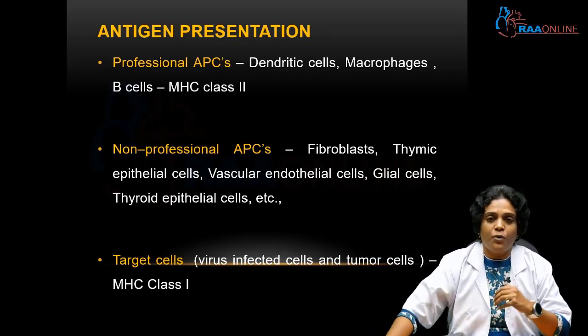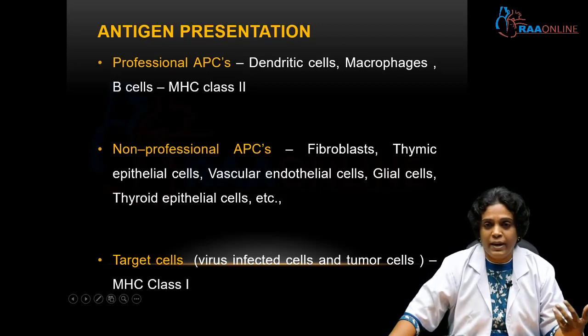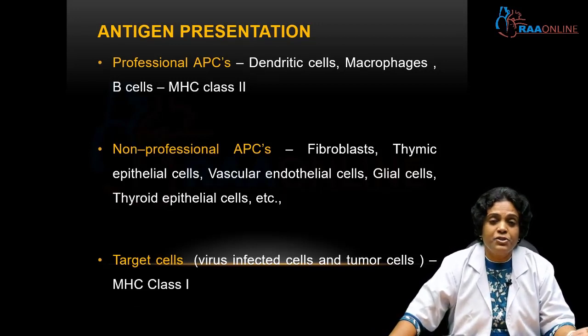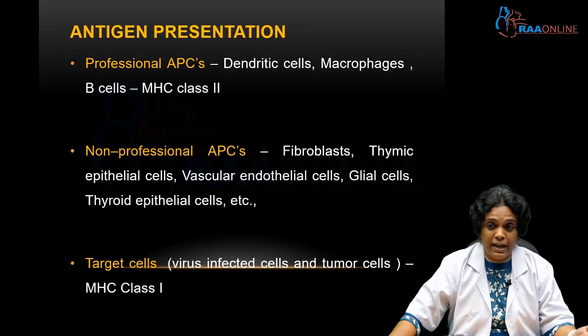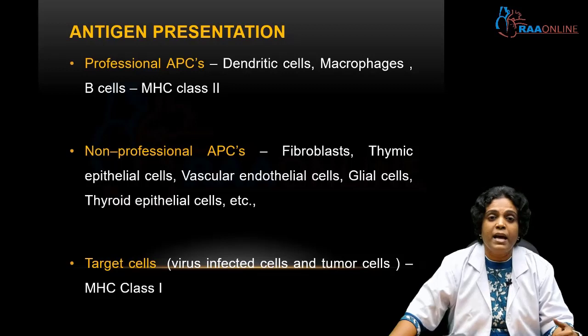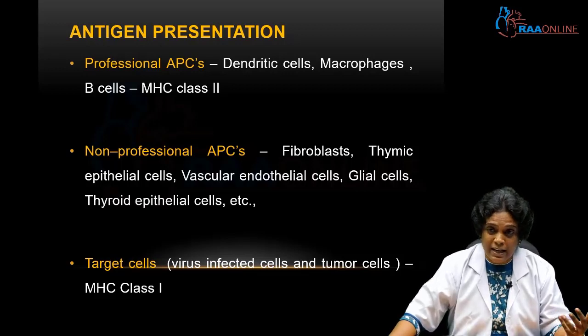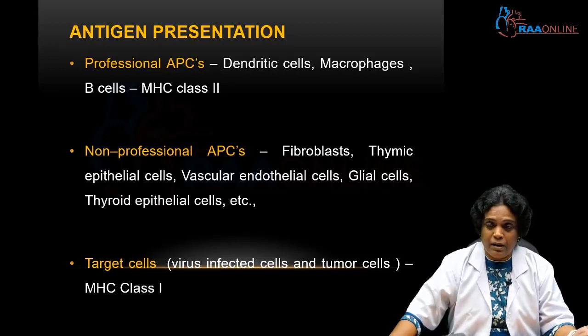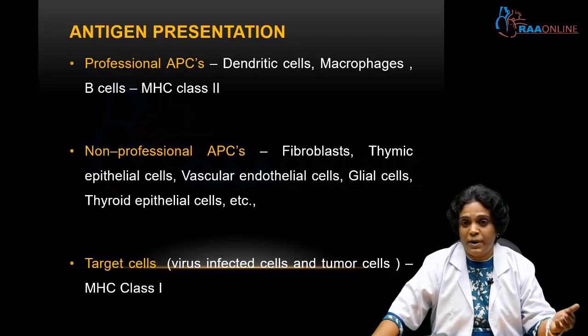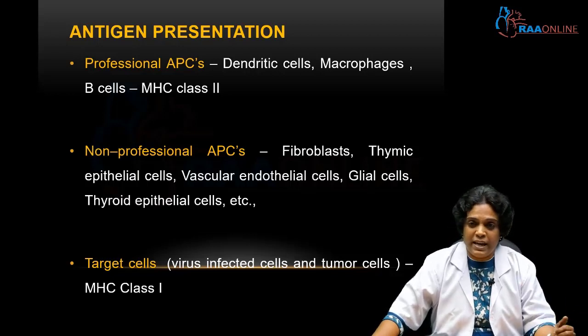For the immune response to get induced, the antigens have to be presented to the helper T cells. Like B cells, helper T cells or the cytotoxic T cells cannot recognize antigens directly, that is, antigens present in the free state.